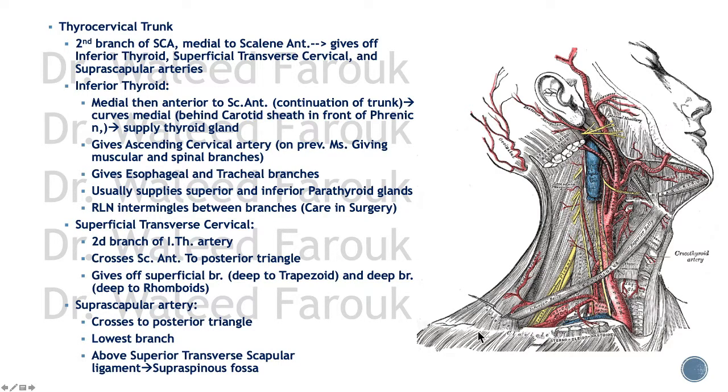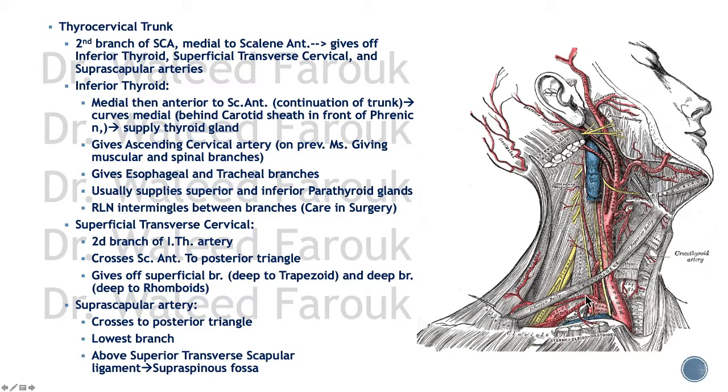It goes backwards till it reaches the upper border of the scapula, and right above the transverse scapular ligament, which arches over the scapular notch on the upper border, it goes into the posterior aspect of the scapula, the supraspinous fossa. It will supply the supraspinatus and infraspinatus muscles and shares in the anastomosis around the scapula.